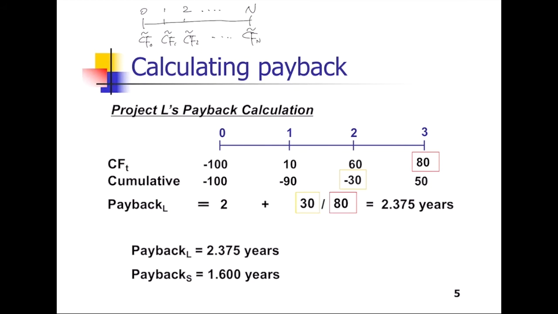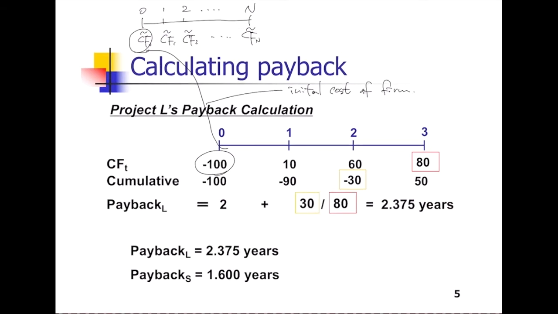As you can see, the cash flow at 0 mostly has a negative number. What does it mean? That is the initial cost of the firm.